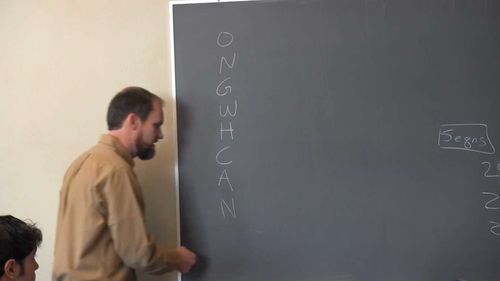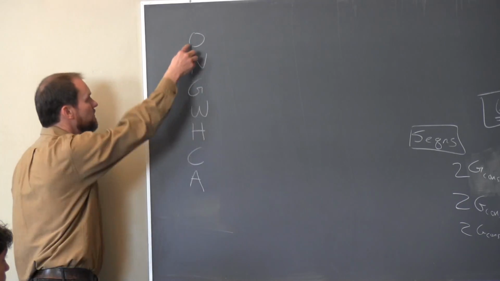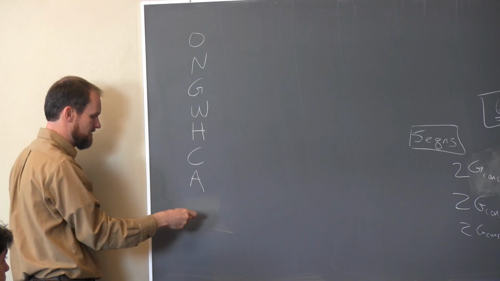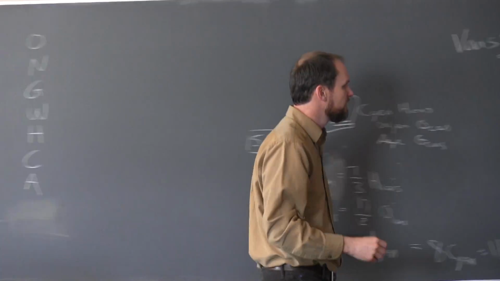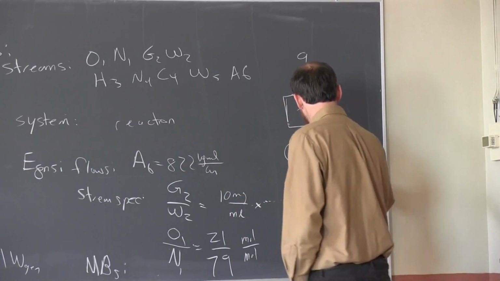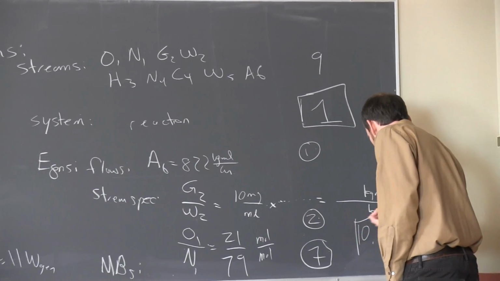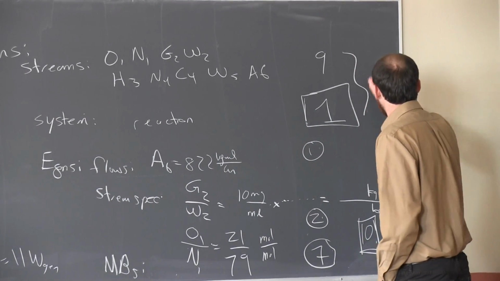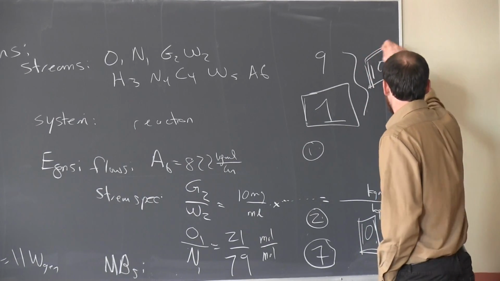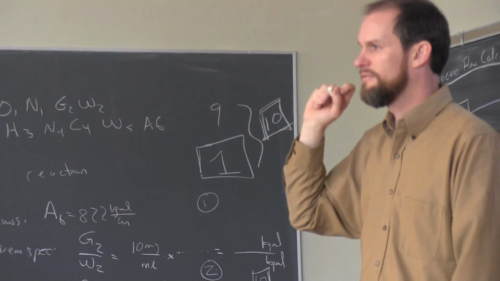Oh, I did, okay, sorry. Am I good then? 1, 2, 3, 4, 5, 6, 7. 7 material balances, 7, 8, 9, 10. So I have 10 equations. I have 10 unknowns. Okay, do you believe we could do this from here?